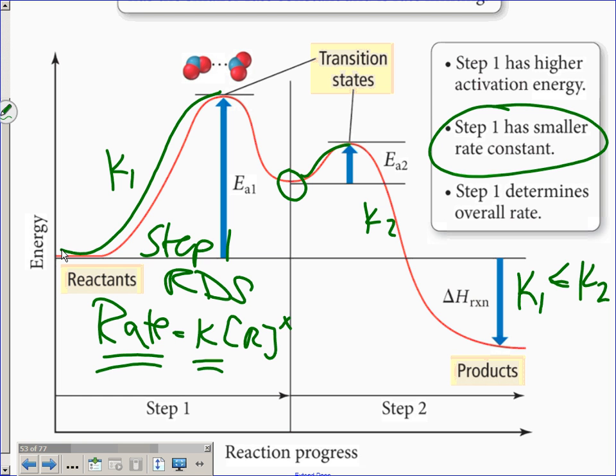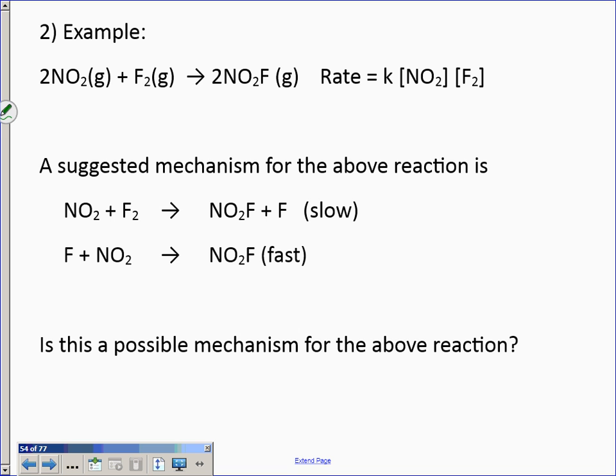All right, let's keep going through a couple more examples. So in this one, it's a suggested mechanism, so you have to make sure the criteria fit to say it's a valid mechanism for this particular reaction. I'm just going to look first and ask, does the rate law match the slow step? And the slow step is identified, right? Does the rate law molecularity match the slow step molecularity?